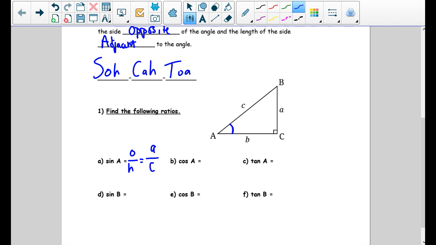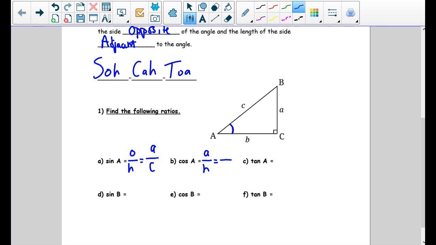What if I'm looking at cosine? Well, cosine says adjacent over hypotenuse. So what side, what leg is adjacent to A? Who knows what adjacent means? Opposite is across. Right? So here's A, across, that's opposite.